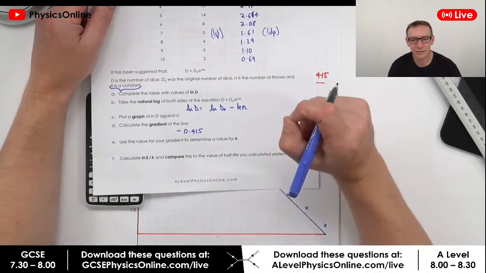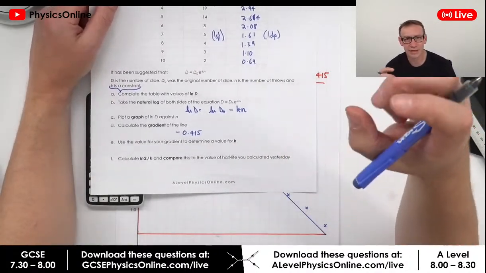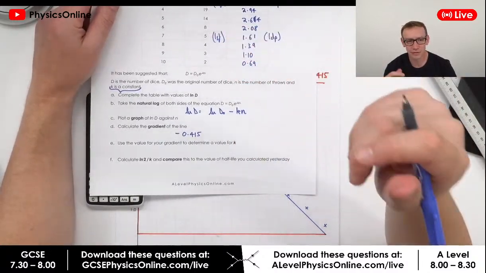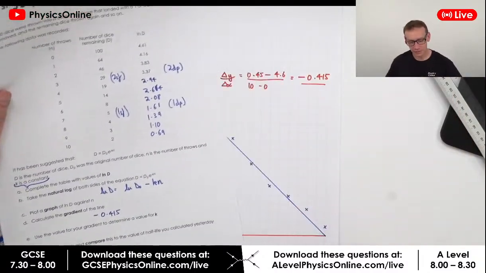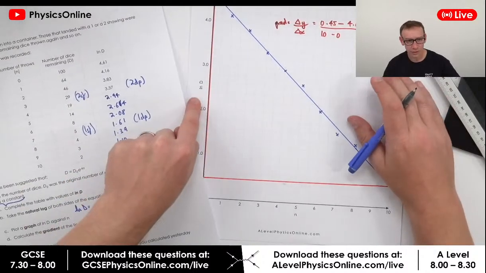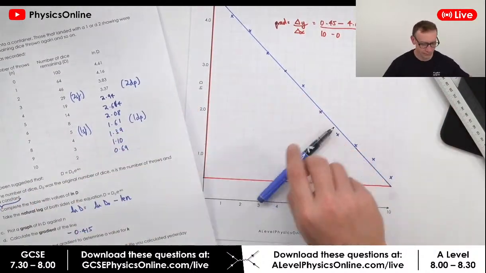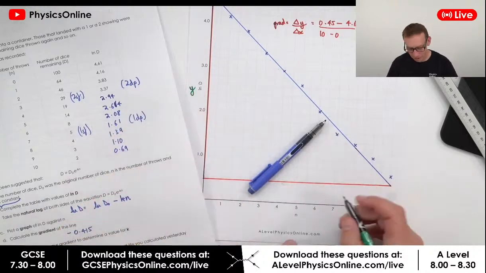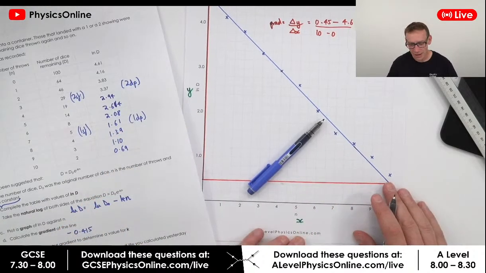This is why we take the natural log of the data, because it allows us to use a straight line graph to find a constant. Now, on the graph itself, on the y-axis we have the natural log of d, and on the x-axis we have n.